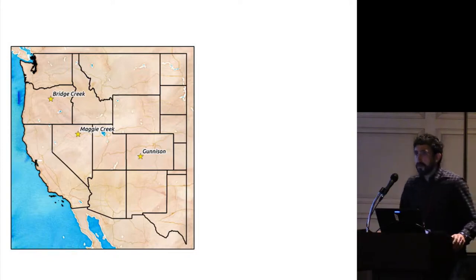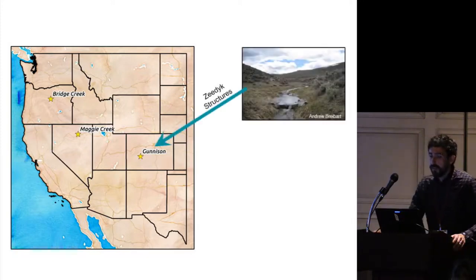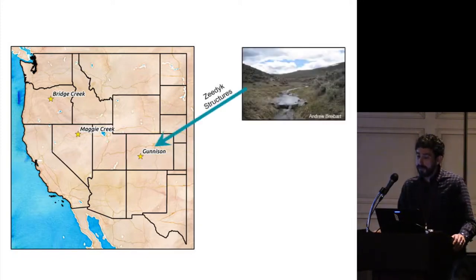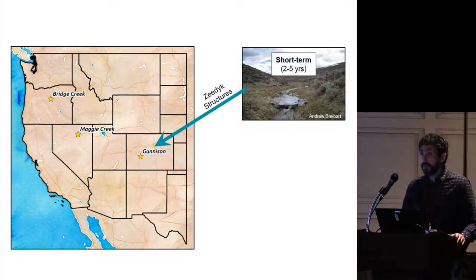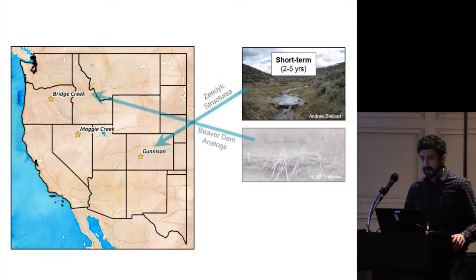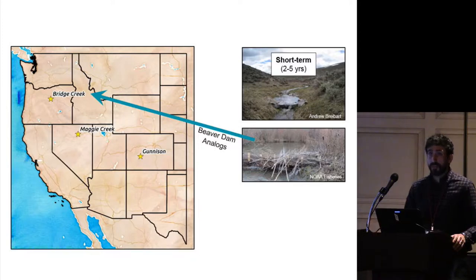So I looked at 3 of the case studies that you guys have all heard previous to mine. The first one is the Gunnison project in Gunnison, Colorado. This is a project that primarily used Z-dike structures and a little bit of grazing management as well. This project has been on the ground a pretty short period of time, 2 to 5 years, some of these structures. Then I looked at the project you just heard from Nick about, the Bridge Creek project in Bridge Creek, Oregon.